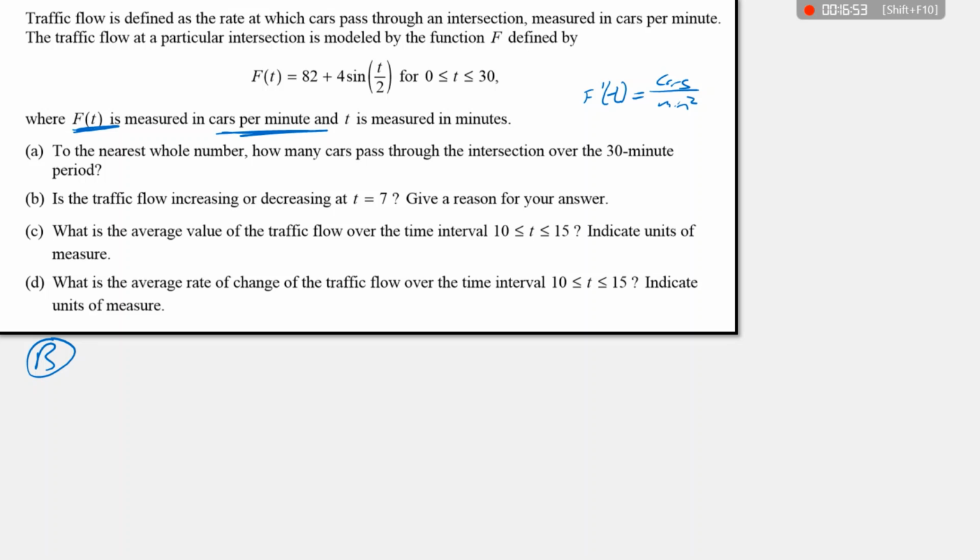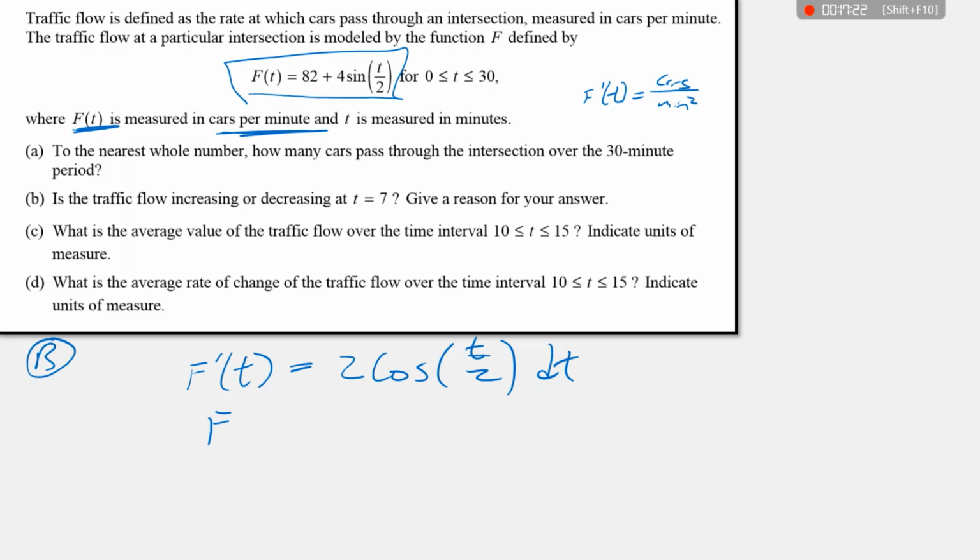So the derivative would be f prime of t, which I'm going to write in general form first. What happens when I differentiate f of t? 2 cosine t over 2, perfect.